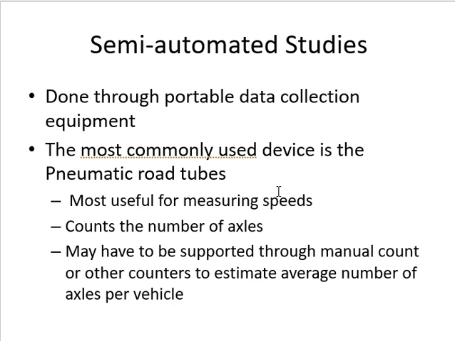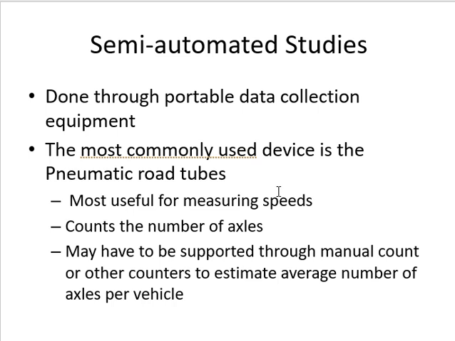One restriction with pneumatic road tube is it requires some manual data to convert the number of axles to number of cars or vehicles. So when you are using pneumatic road tubes, there is some manual study also done at the same point.